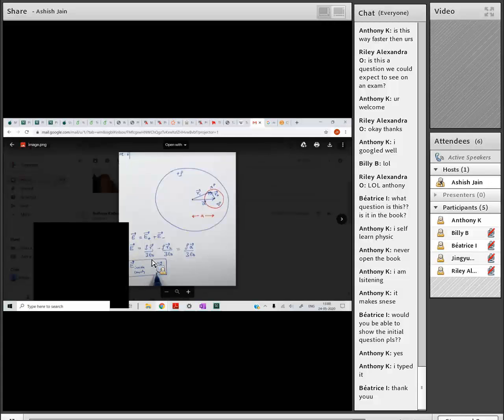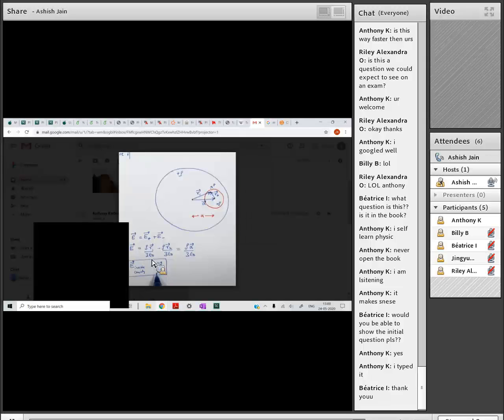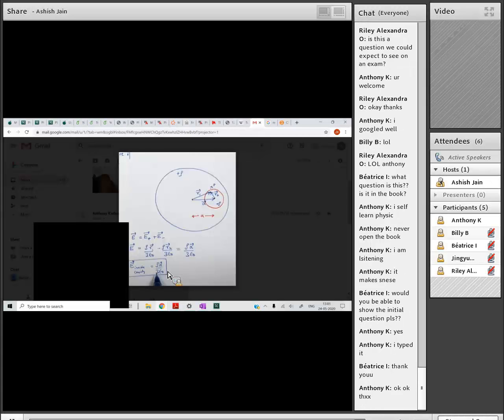People with me? If you already know by practice that the electric field inside can be written as rho r cap by 3 epsilon naught, then it's good to go. Otherwise, you do the integral. The whole point is that there is a subtraction there.